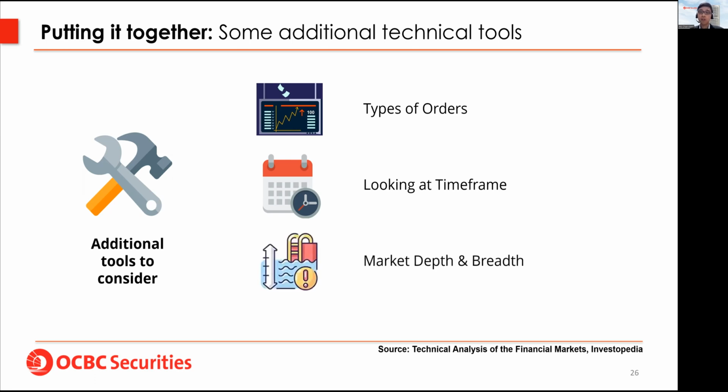Lastly, for my section, we'll be looking at market depth and breadth. These are also available on our platform, especially for SGX stocks. Market depth is a tool that helps you see where other orders are placed. Market breadth refers to how the broader market is performing.